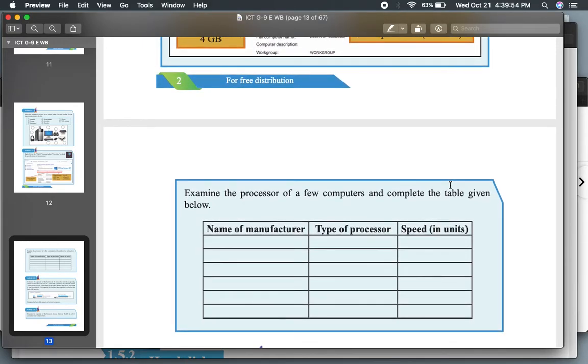Otherwise, what you can do is visit the page of a computer seller online and look at the products that they have, and then note the type of processor and the speed if you don't have access. So that way you can do this exercise.